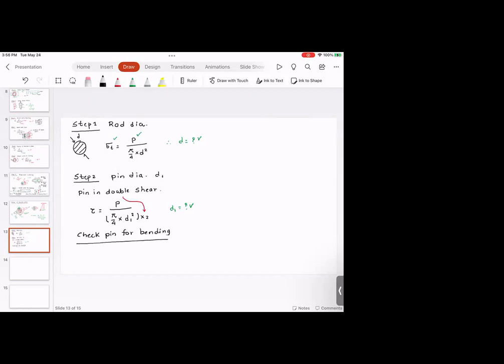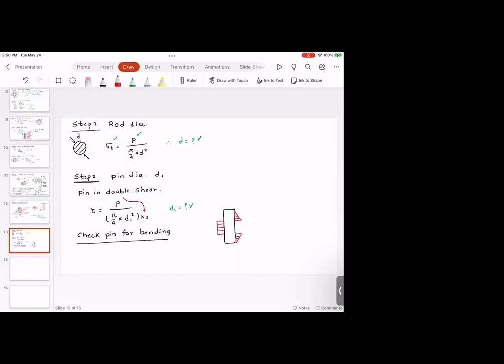If you look at the loading on the pin, this is the pin, the load profile is similar to a cotter.